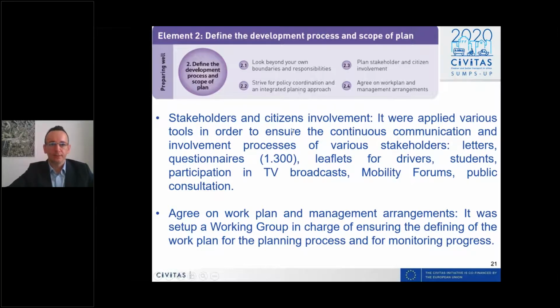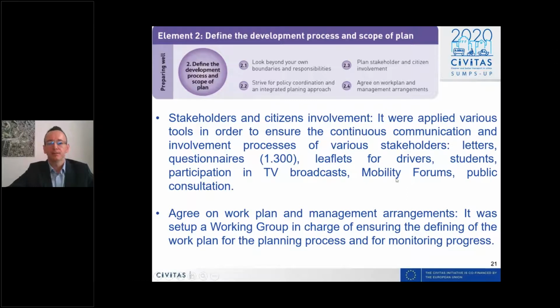Regarding the second element of the first phase, the preparing phase, when we talk about stakeholder and citizen involvement, we applied various tools in order to ensure large visibility of this process. We developed newsletters, questionnaires, leaflets for drivers, students, participation in various TV broadcasts.